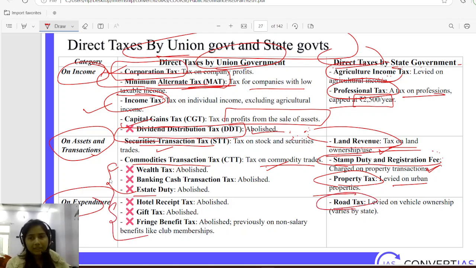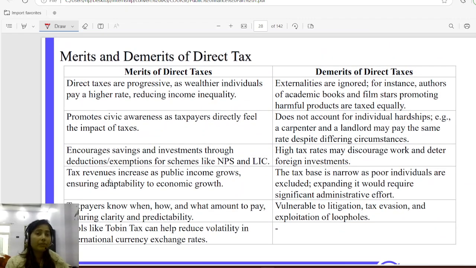Road tax, toll tax levied on vehicle ownership, varied by state. Okay. So just try to have a broad idea of which kind of tax will go into the union or state government account, so that you are not getting confused, and probably there is a lesser chance of UPSC asking this kind of question. But still, just have a broader idea so that you are not getting confused.